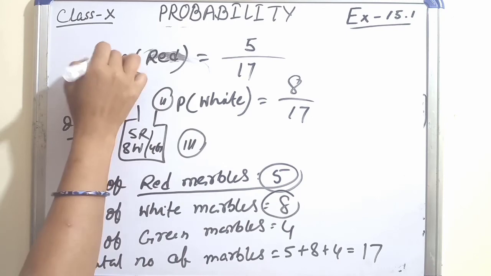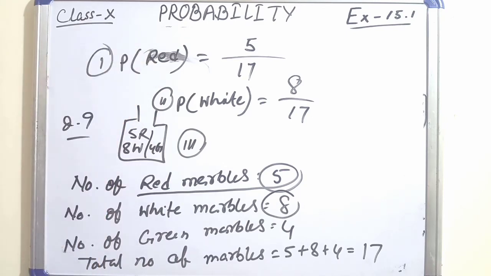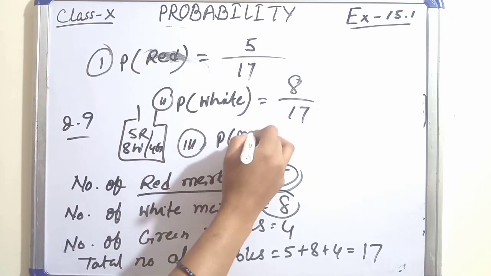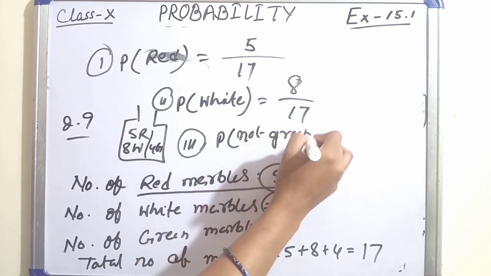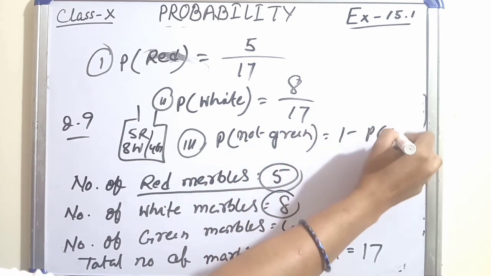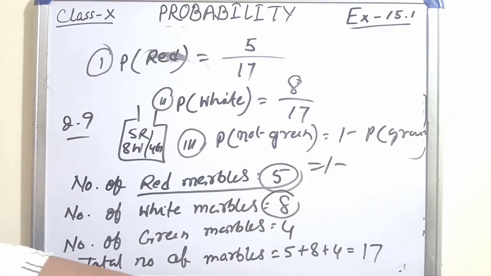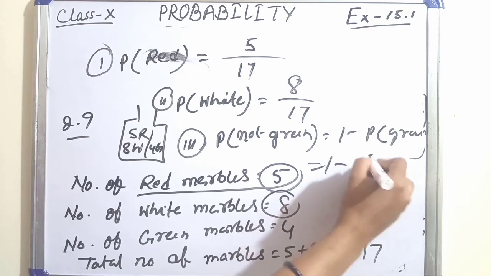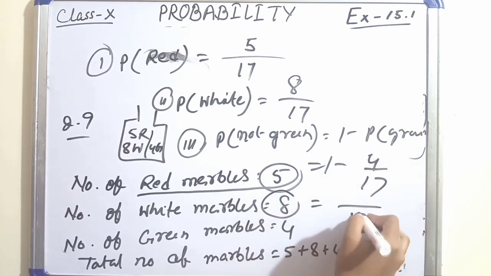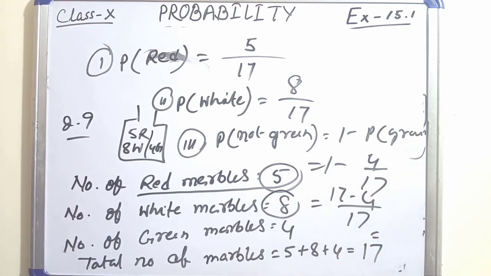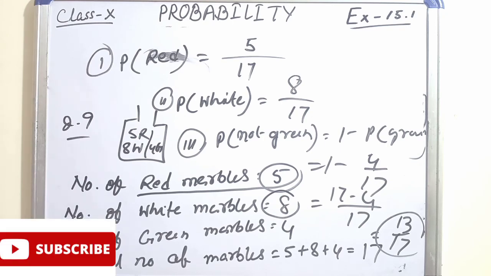Third, probability of not green is 1 minus probability of green, which is 4 upon 17. So 17 minus 4, that means 13 upon 17. That's the answer. So today's class ends here. Next day we will solve the other questions. Thank you.